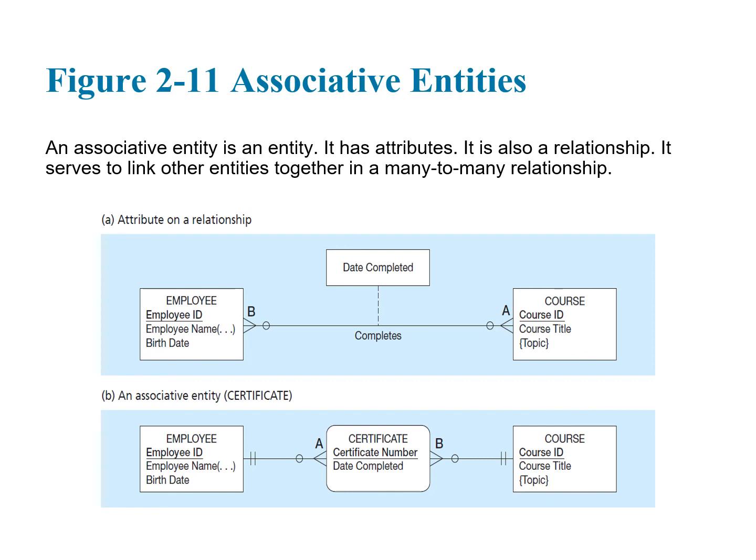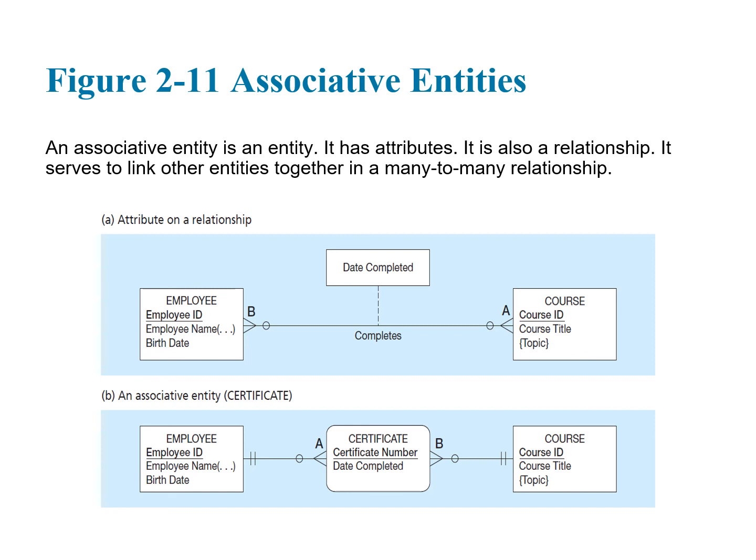In figure B, the simple relationship has been replaced with an associative entity. A certificate is considered to be an entity unto itself, and in fact, even has a unique identifier attribute. An associative entity is like a relationship with an attribute, but it is also considered to be an entity in its own right.